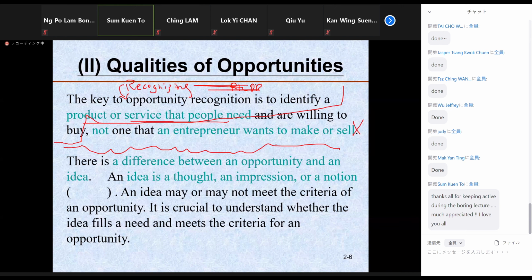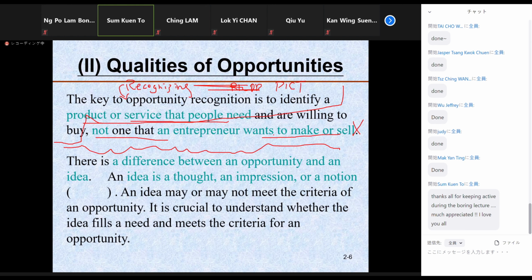if you are doing something you want, doing something you sell yourself, this is not opportunity. And then as an entrepreneur firm, you have something new, and for customer, customer focus, you try to make people's life easier.